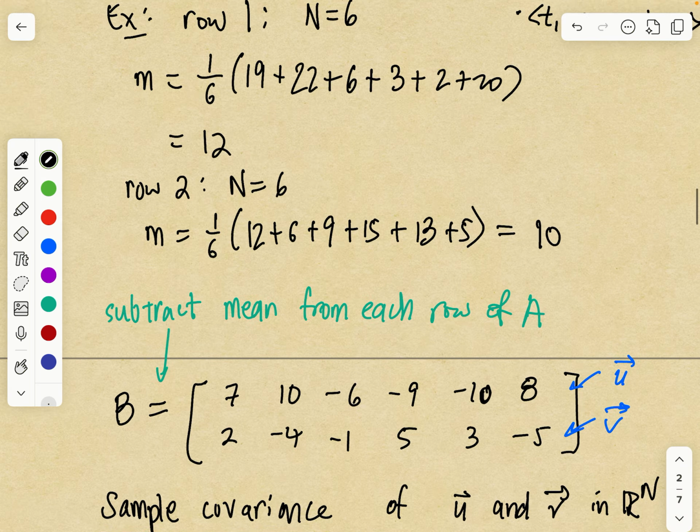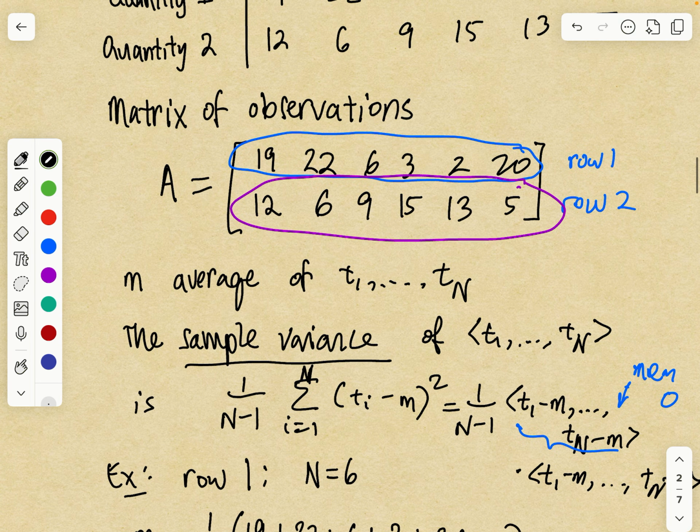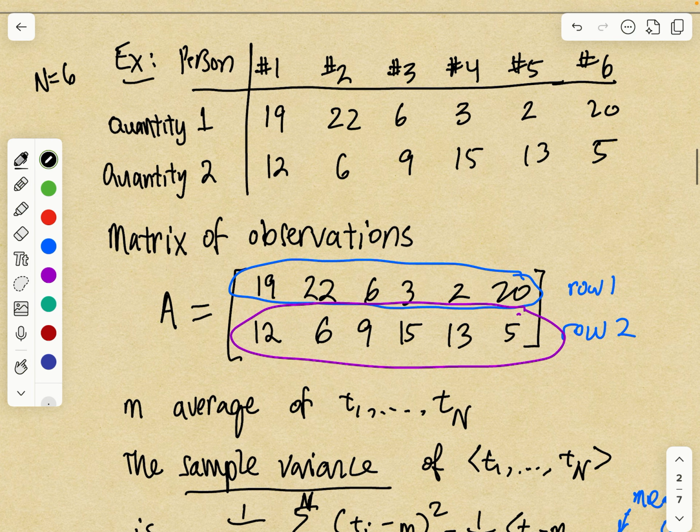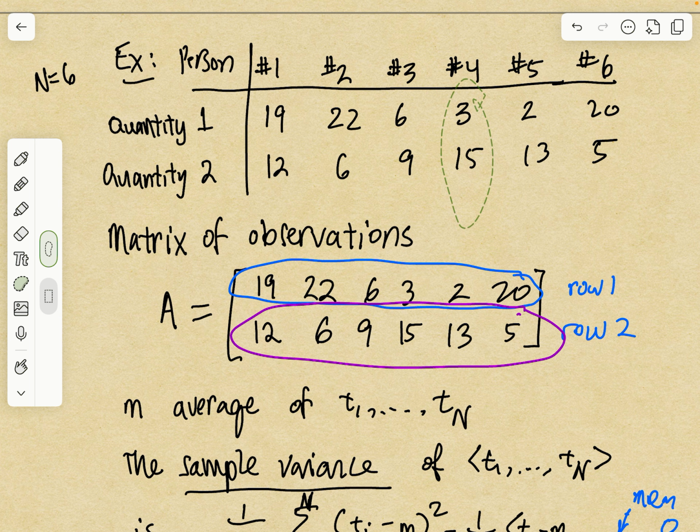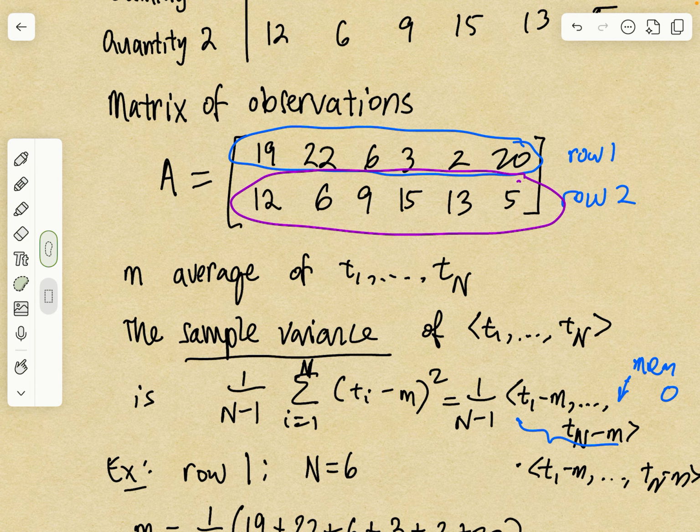You have your matrix of observations, and the way I'm organizing the matrix is I'm taking the people and putting the data as columns. Maybe it's more typical to put the data as rows. In that case, you would have to take the transpose. But I'm organizing the data points as columns of this matrix of observations, and the quantities or features are going to be in the rows.